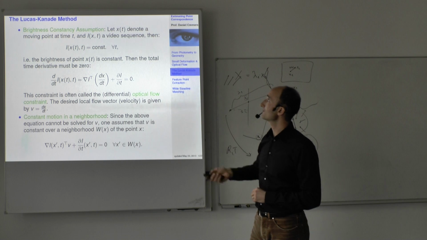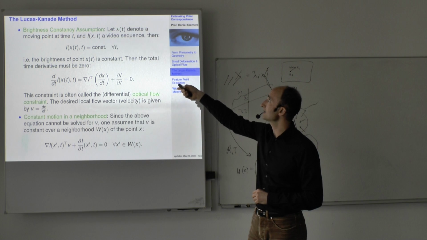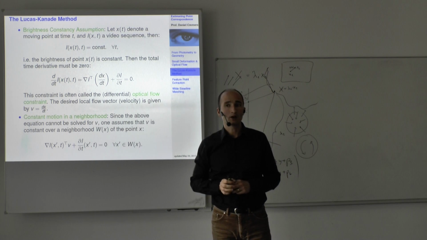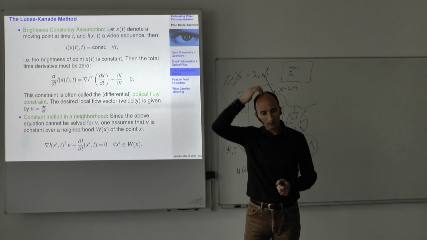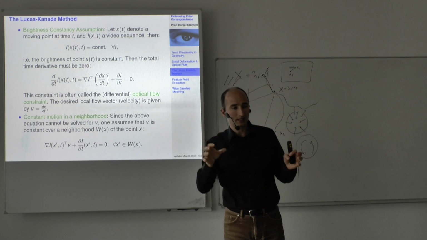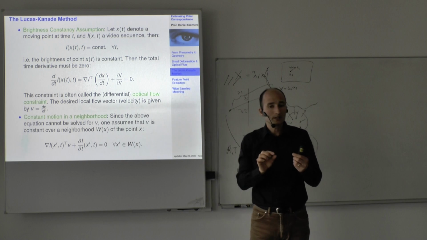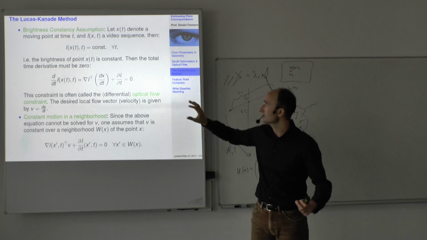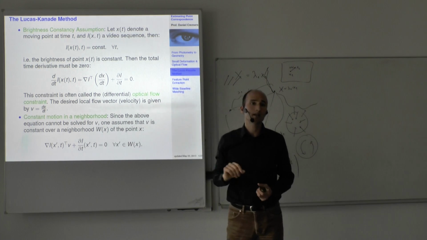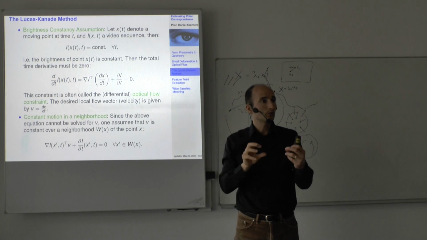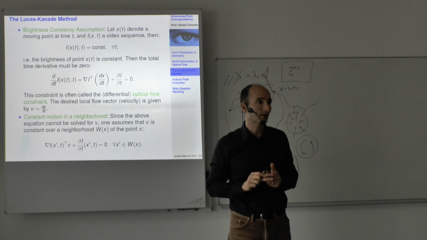The assumption is as follows. Let's say you have a point X that moves in space. Of course, in our class, we will focus on a static world and the camera is moving, but for this scenario of correspondence finding, it doesn't matter whether the camera moves or whether the world moves, you want to find correspondences.